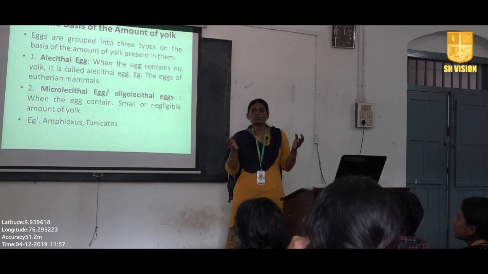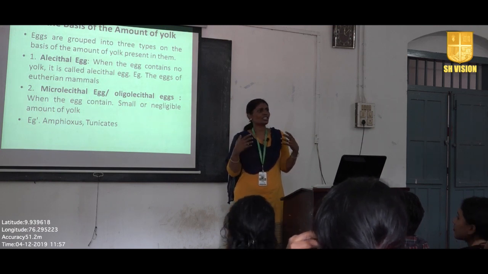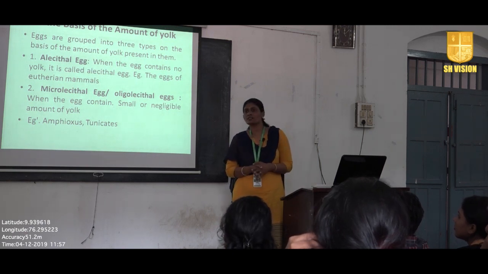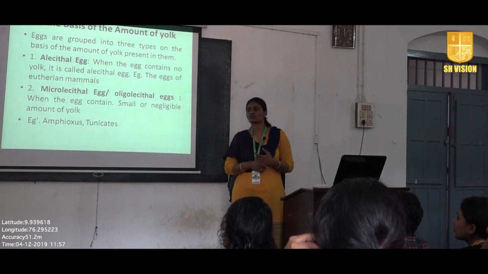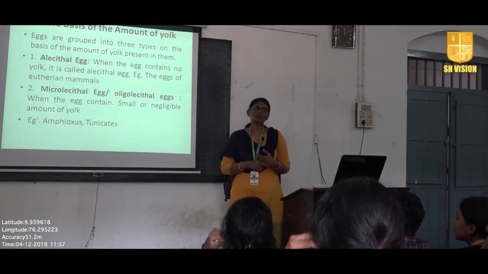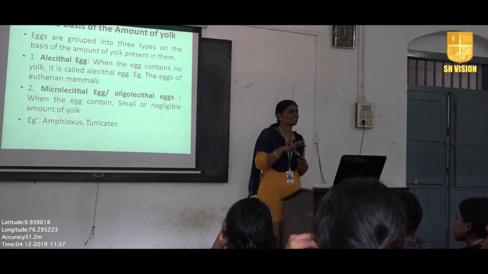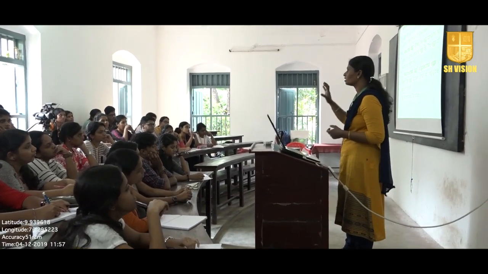So the mother provides a nutritive factor, so there is no need for extra nutritive structures, that is why yolk is absent. Then comes the microlecithal one, like Amphioxus and tunicates, where some amount of energy is required, and this energy is provided by yolk that is present scattered here and there.